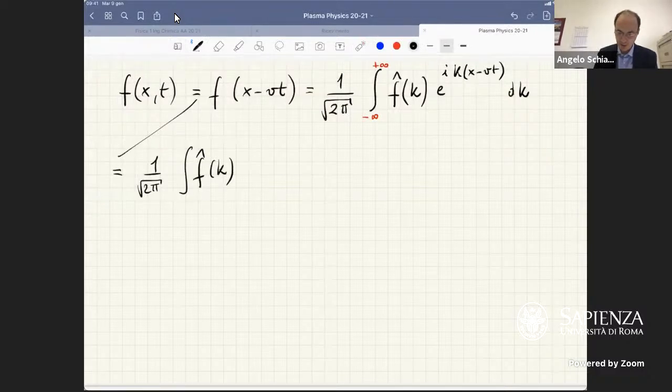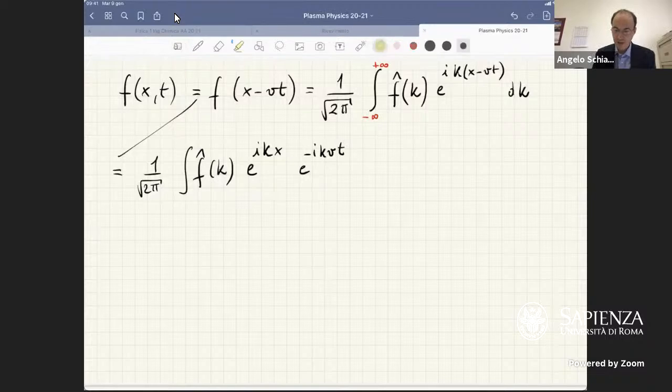We have one factor, which is e to the i, imaginary unit, times k times x, and then we factor the other term as minus i kvt.